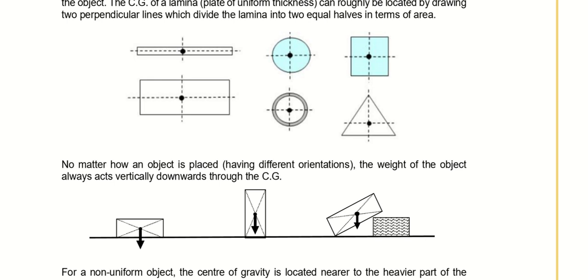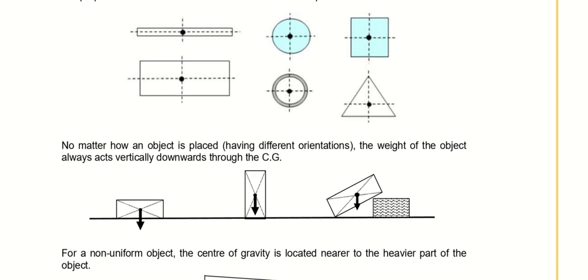Take note that no matter how an object is placed, in different orientations, the weight of the object always acts vertically downwards through the CG. So in this case, if I use this rectangular box, and it's a regular object, the center of gravity will be in the center, isn't it?